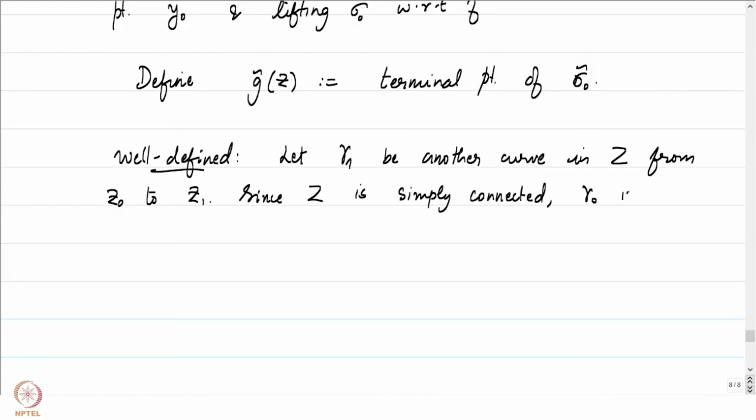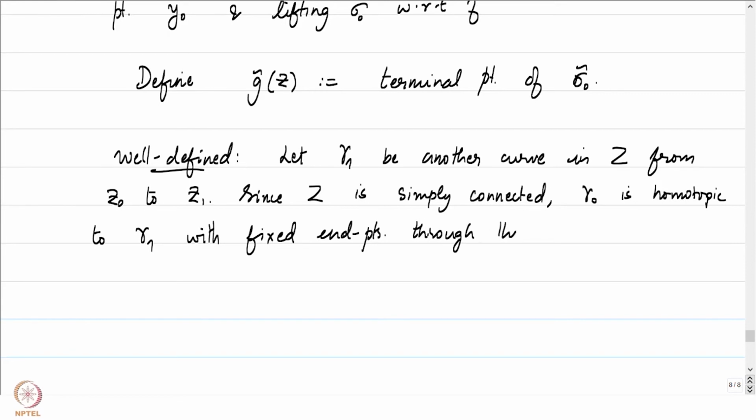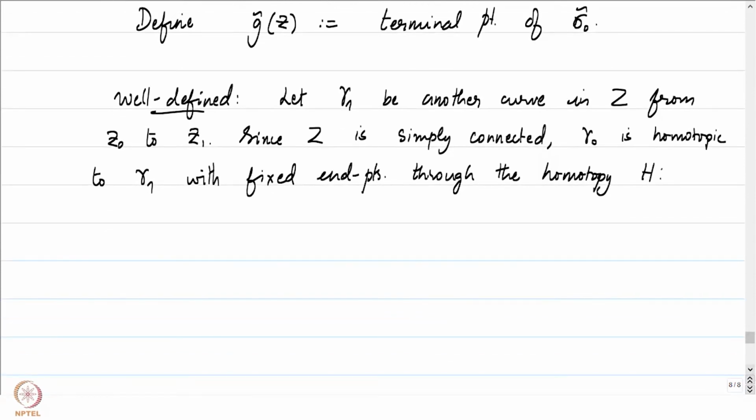Gamma 0 is homotopic to gamma 1 with fixed endpoints. Let's give the homotopy some name, the homotopy H. H, remember, is going to be from [0,1] cross [a,b] into, in this case, omega.